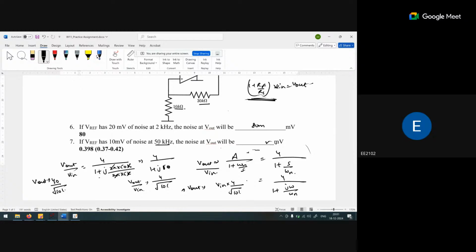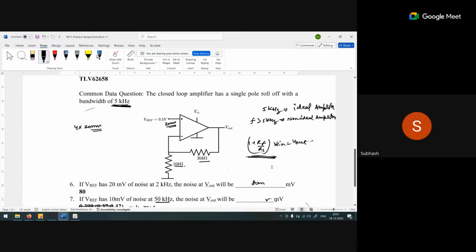That is, I think, 4 millivolt, not 0.398. It is around 4 millivolt. Yes, sir.